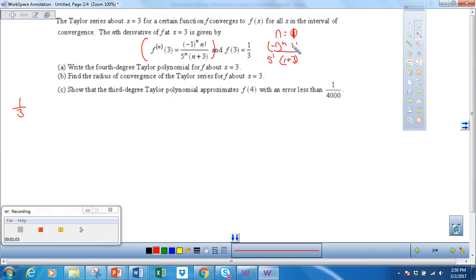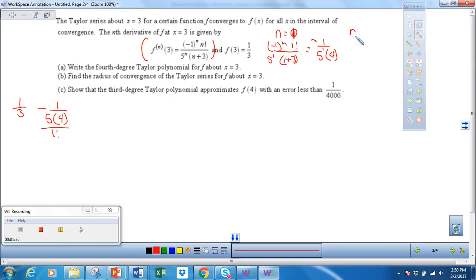So when n is equal to 1, that gives us a derivative of 1 over 5 to the first power times 4. It's negative because it's to the -1. So my derivative is -1 over 5 to the first power times 4. And remember, this is my first derivative, so it's divided by 1 factorial.